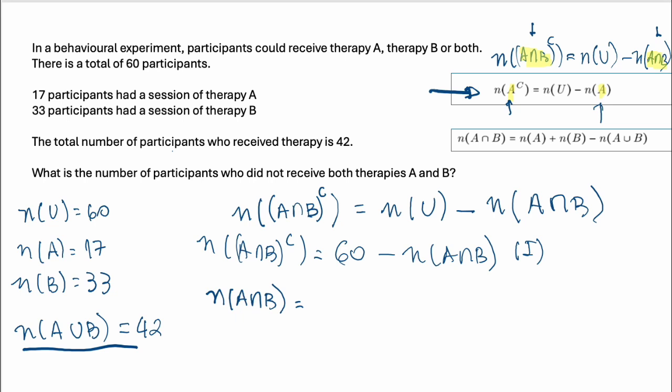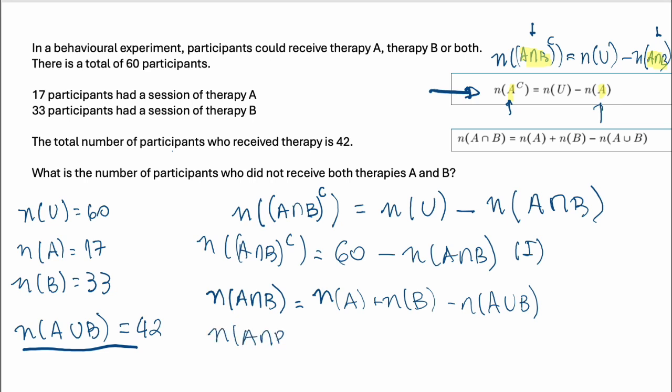So I will use the formula here. The formula is already in terms of two sets, A and B, so I'm not changing the arguments. The arguments are the same. So take the number of people in A that did therapy A. That's 17. So let me copy the equation so that you can have this in a more formal way.